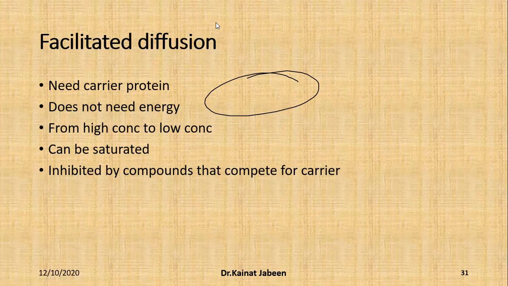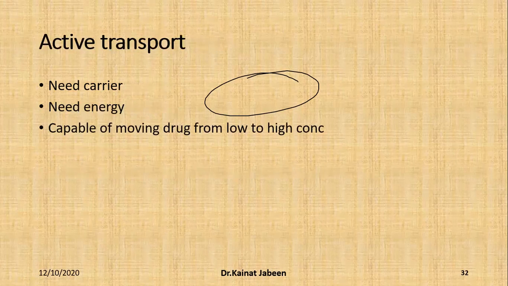It is inhibited by compounds that compete for the carrier. There is more than one drug that needs the same type of carrier, so they can inhibit the absorption of one another.